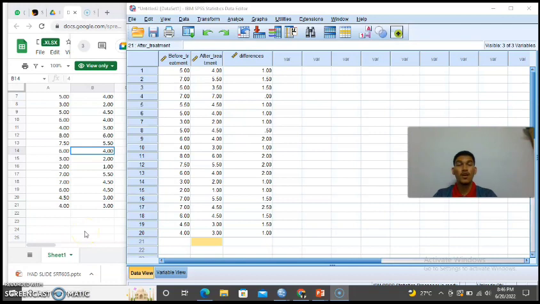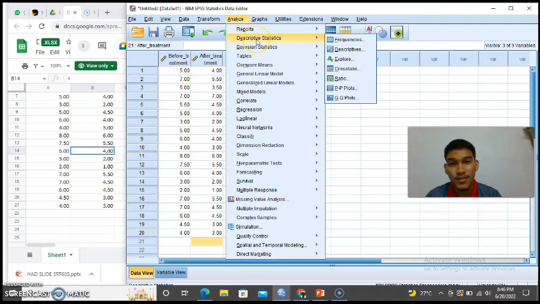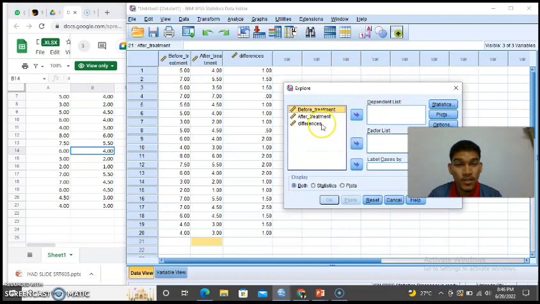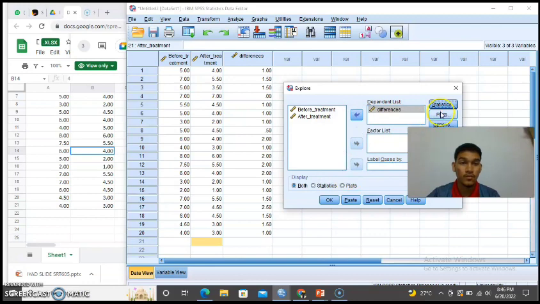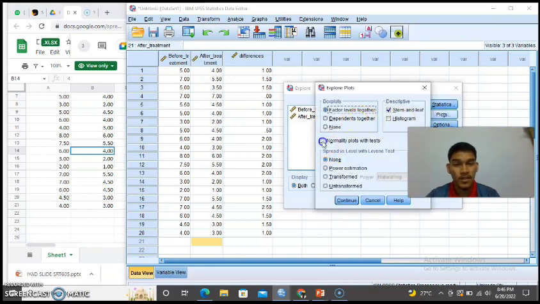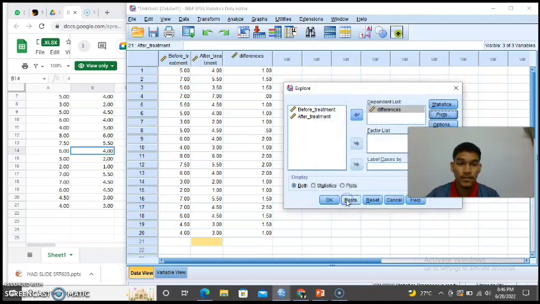After that, we need to do a test of normality. Like question 1, we click Analyze, choose Descriptive Statistics and Explore, and move differences into the dependent list. After that, we click Statistics, tick outliers, continue, then Plots, normality plots with tests and histogram, continue, and OK.